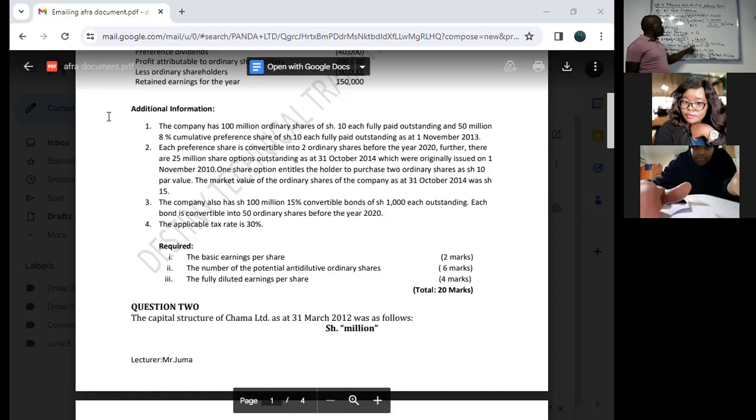So options will take position 1. Then preference will take position 2. Bonds will take position 3. That is how you rank them. Good. So let's go to EPS computation after that ranking.